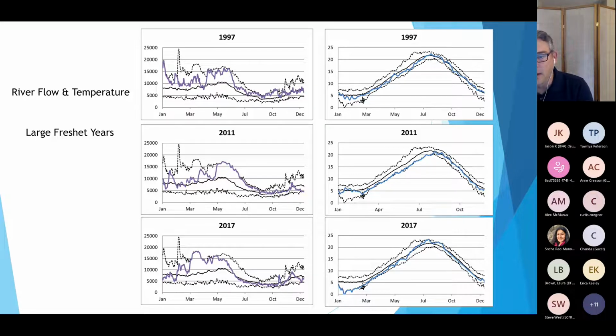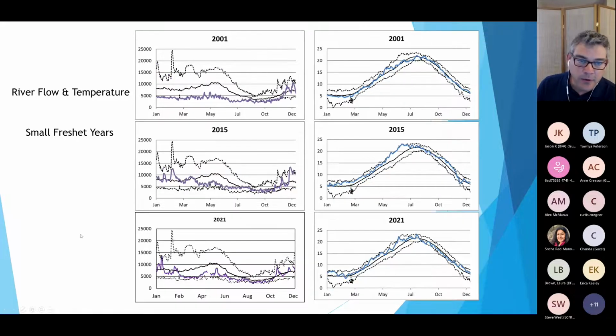And so in all three data sets, most of the time the temperature is cooler than average. In 2011, it was one of the coldest that we've seen the river through the spring and summer. And this is important from a fish habitat perspective where temperatures don't get too warm too early in the season when fish are using that habitat.